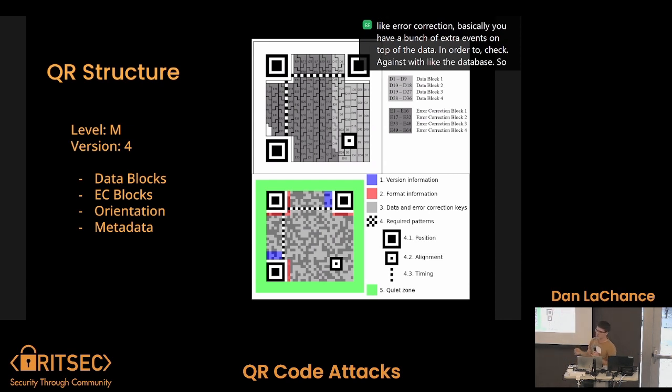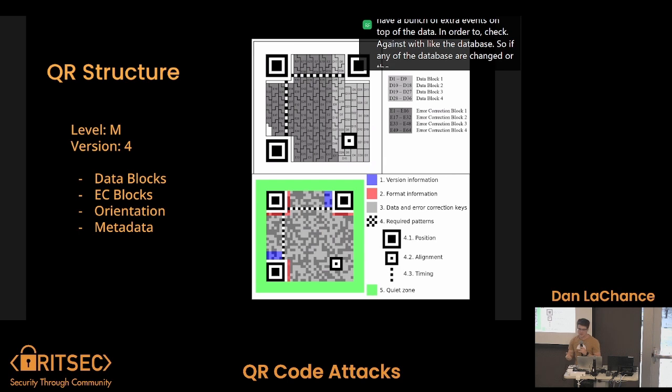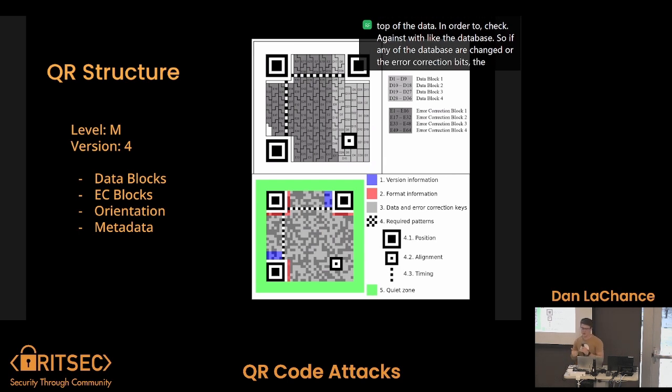So if any of the data bits or the error correction bits are changed, the QR code can recorrect itself. And then down here, if you're ever wondering what these are, they track the position of the QR code, and this is the orientation block. And then there's just a bunch of extra metadata that isn't really too important to what I'm going to be talking about.